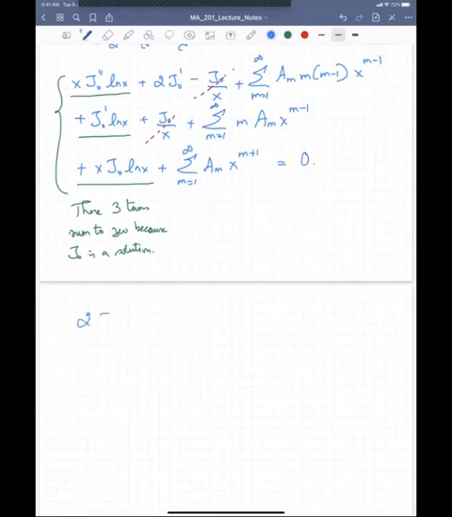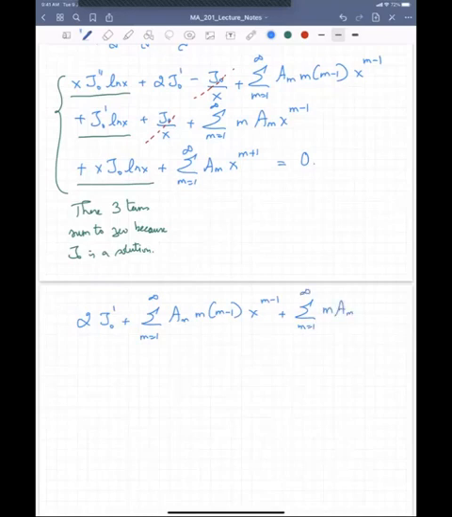I get 2 J0 prime plus the sum of a_m m(m minus 1) x to the m minus 1, plus the sum of m a_m x to the m minus 1 from the y prime term, plus the sum of a_m x to the m plus 1.